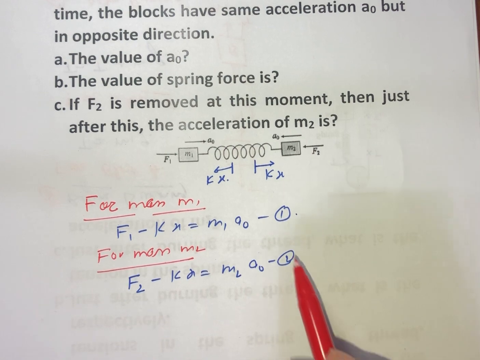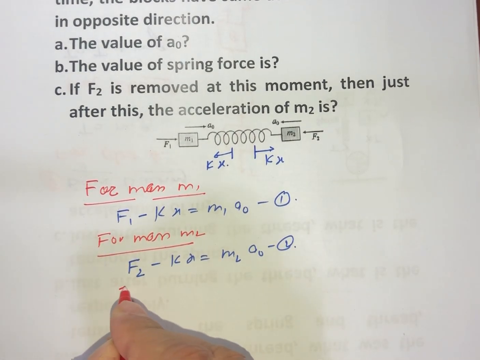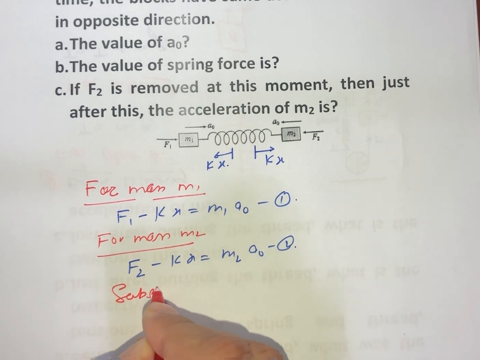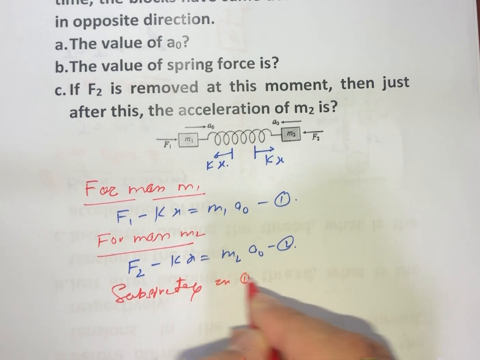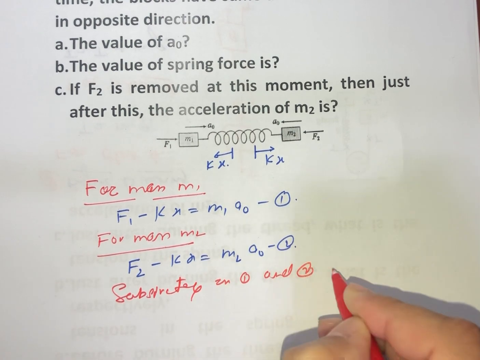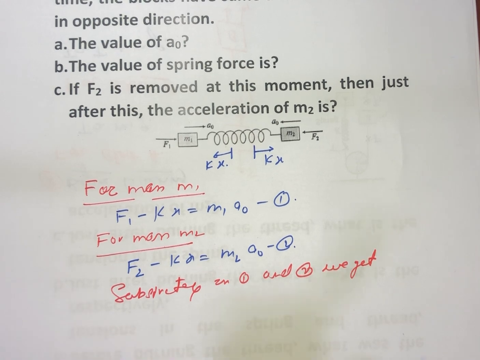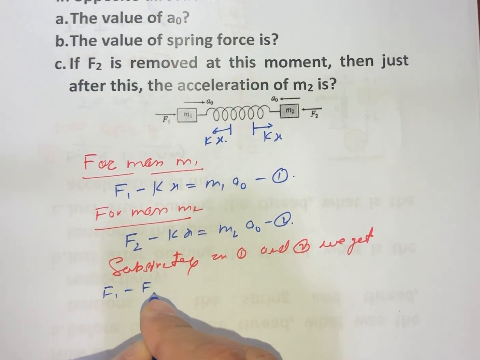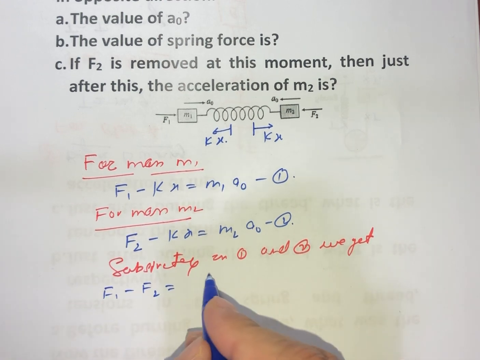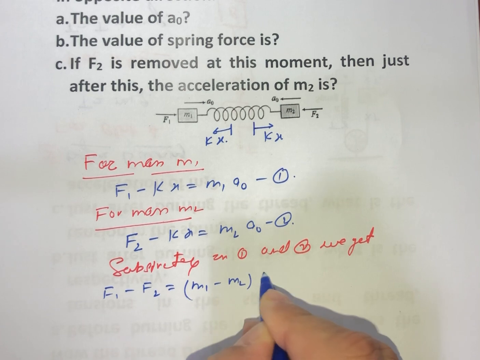Now if you subtract equation 1 and 2, we get F1 minus F2 is equal to (m1 minus m2). Let us take a0 as common.